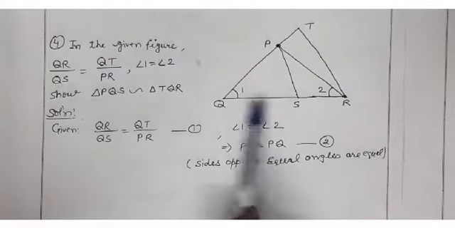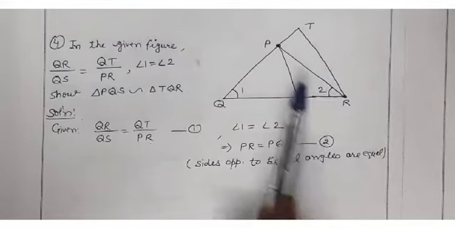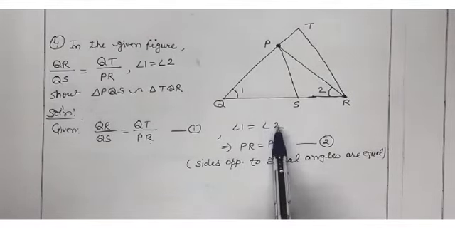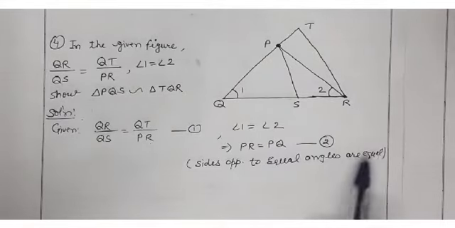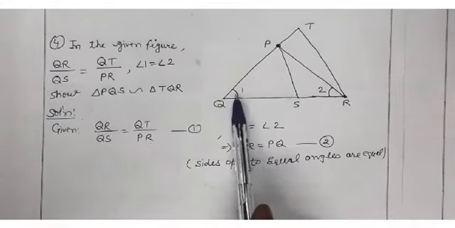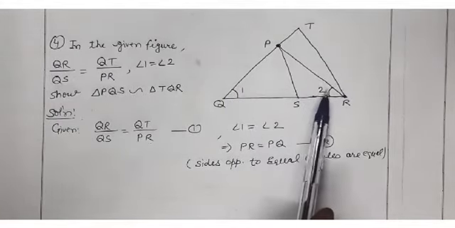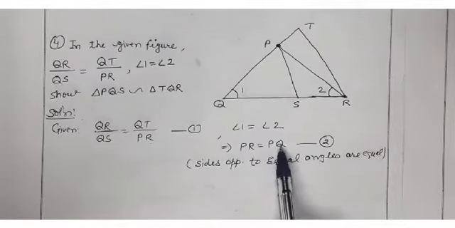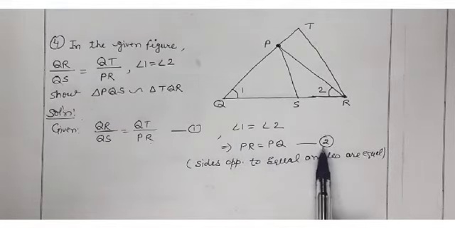So if these two angles of triangle PQR are equal, then sides opposite to equal angles are equal. The opposite side of angle 1 is PR, and the opposite side of angle 2 is PQ. So PR equals PQ, equation number 2.